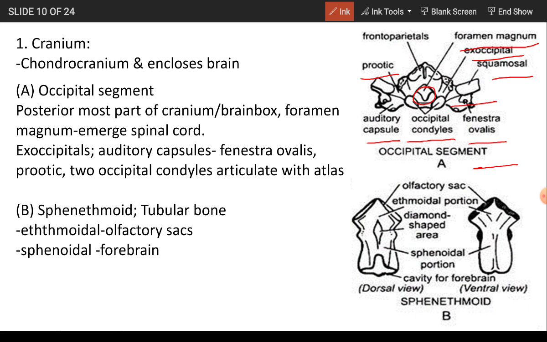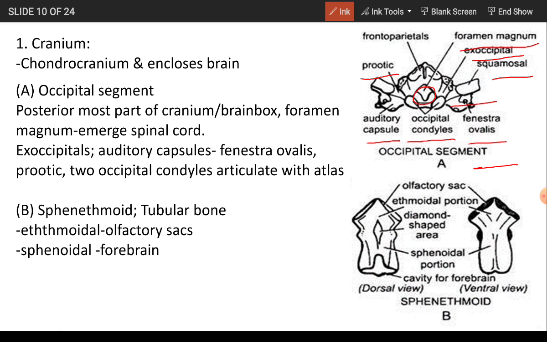The exoccipital firmly gets fused with the auditory capsule on its outer sides, and this forms the wing-like projections, and it also encloses a minute opening called the fenestra ovalis, which leads to the auditory capsule on each side.